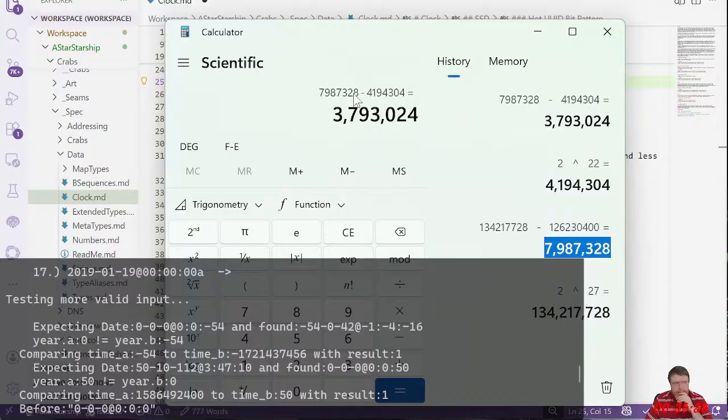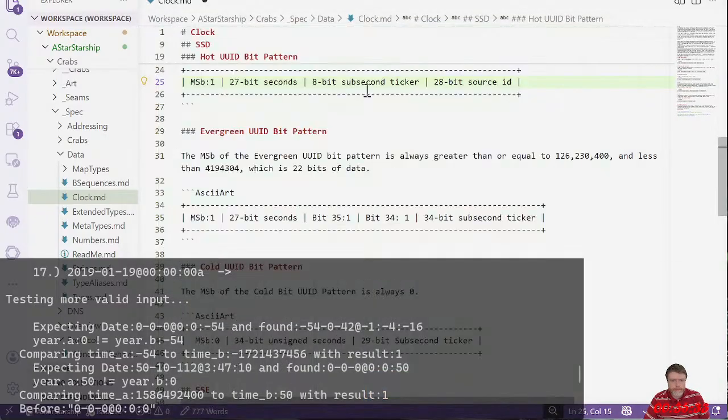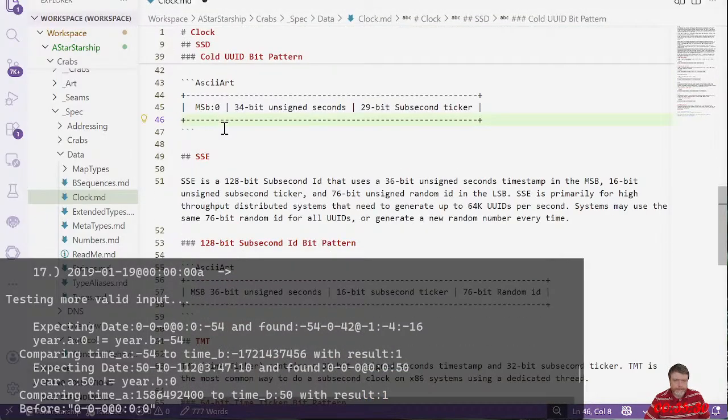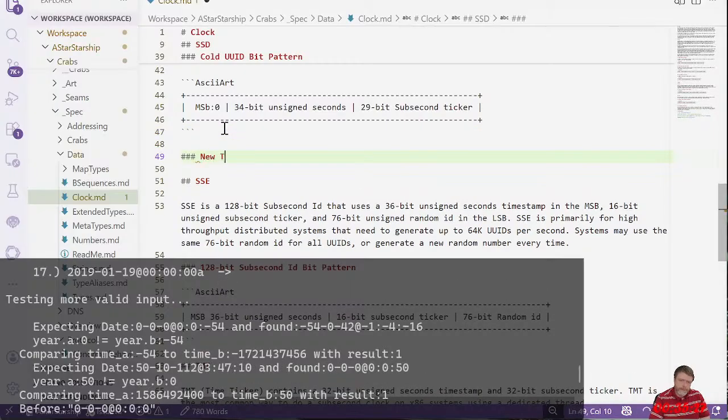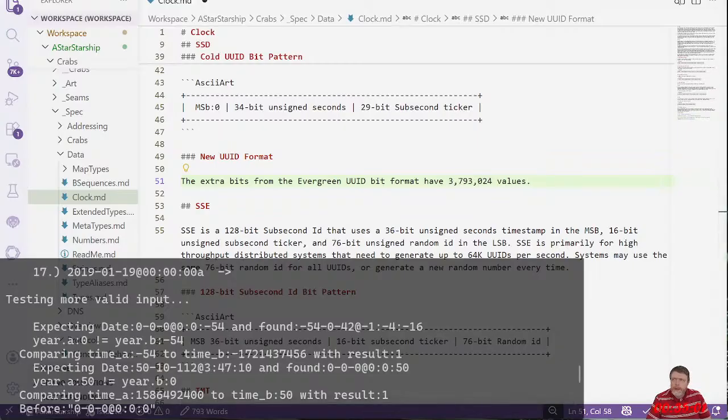So, what's happening? Okay, the extra bits from the evergreen UUID bit format have values. And then let's look up again. What is that?